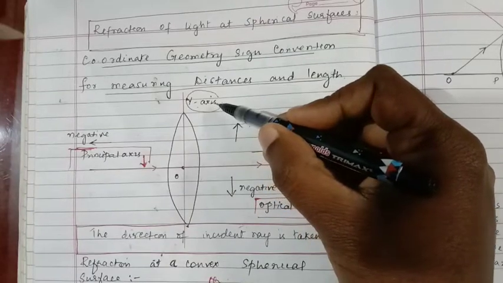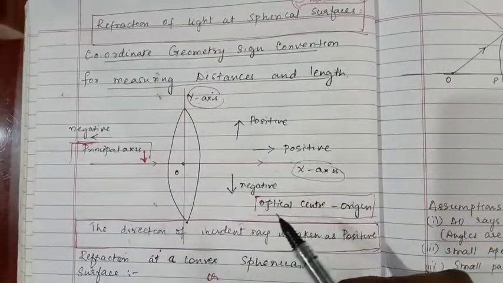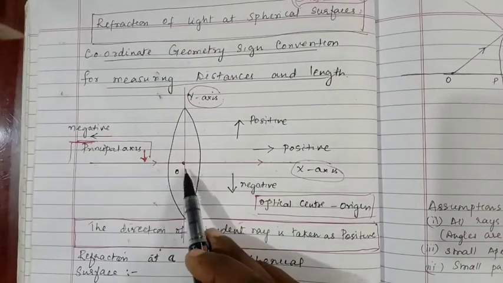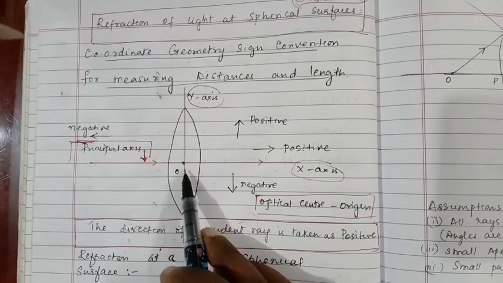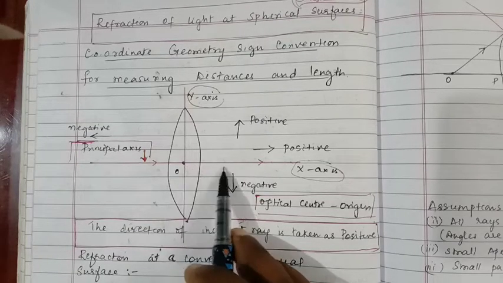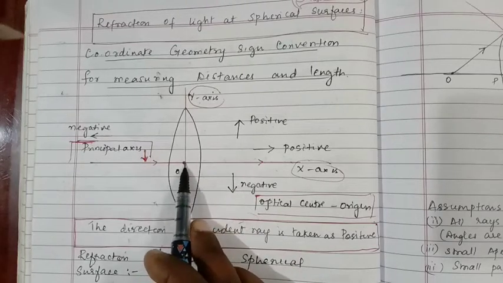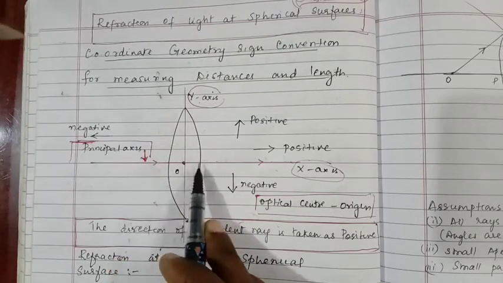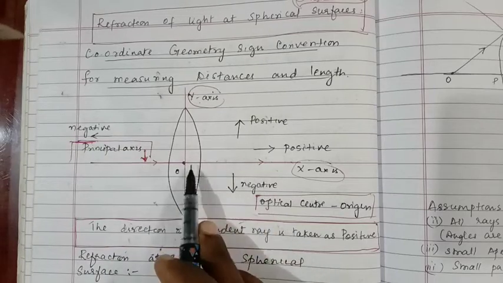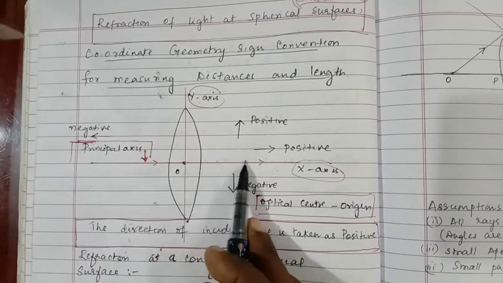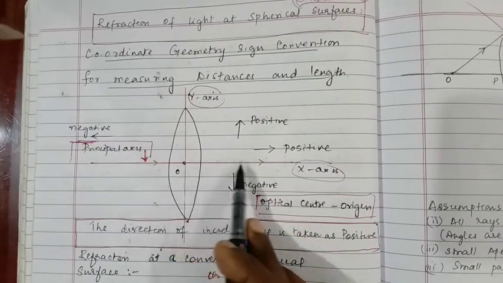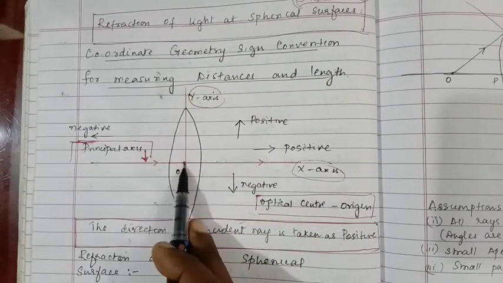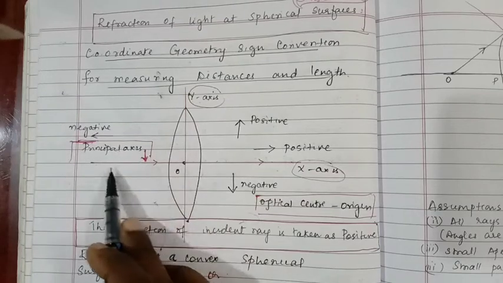Now, all the distances are measured from the optical center. See, this is the optical center, this is right and this is left. The distance measured to the right of the optical center is taken as positive, and the left of the optical center is taken as negative.